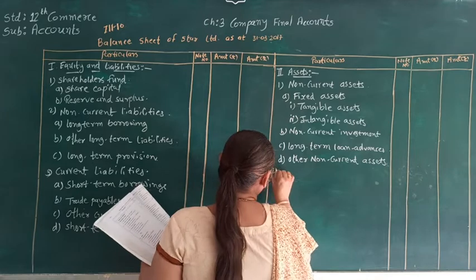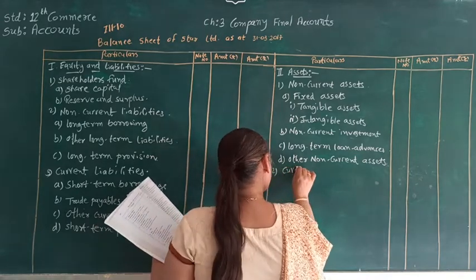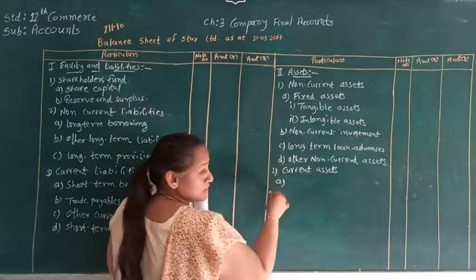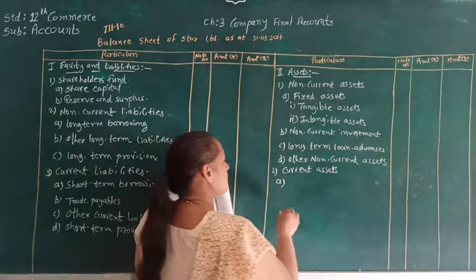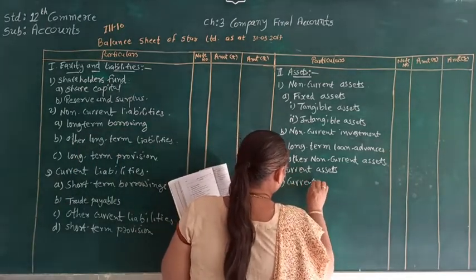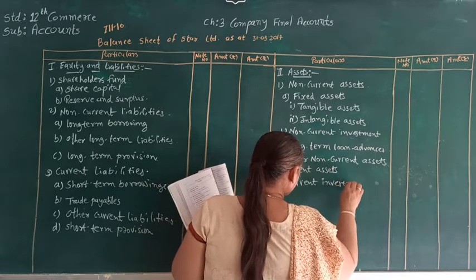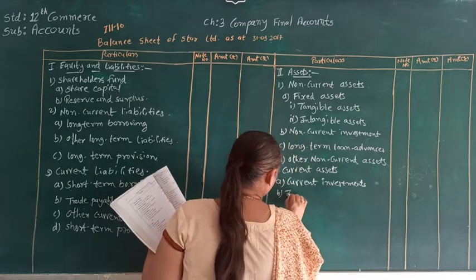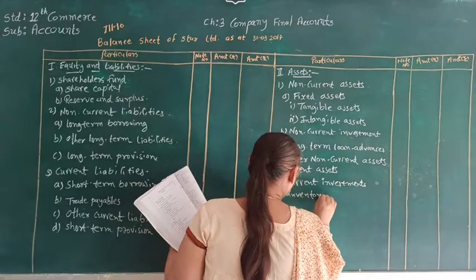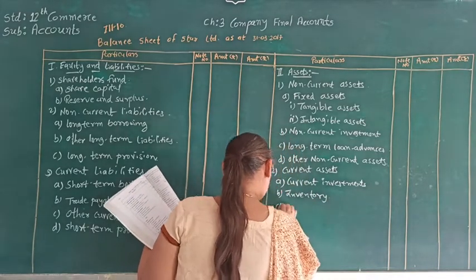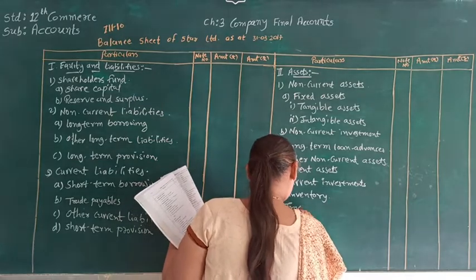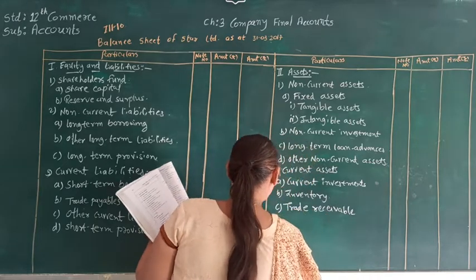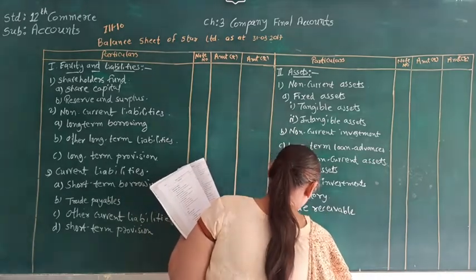Afterwards, the second heading of the asset side is current assets. In the current asset, very first heading is current investment. The second one is inventory. The third one is trade receivable. Fourth one is cash and cash equivalent.